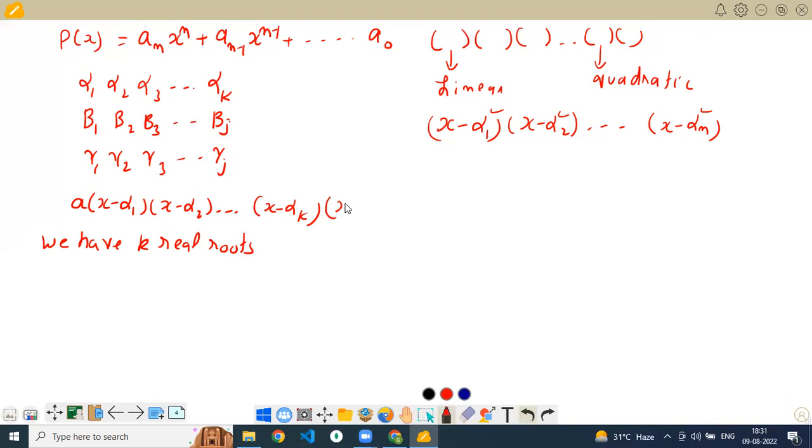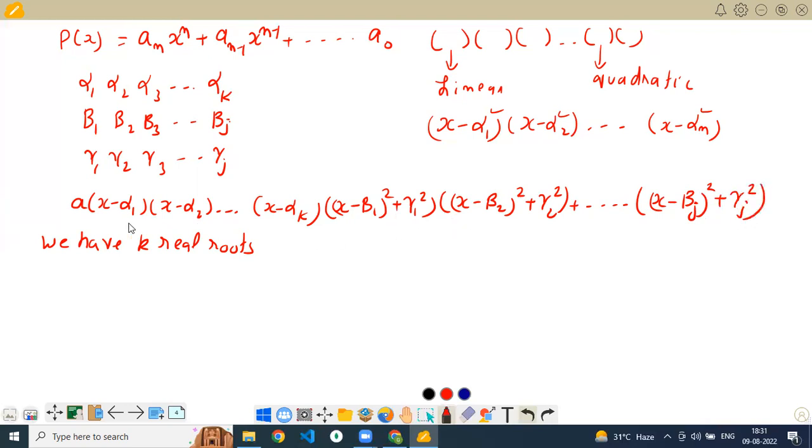So then we write it as (x minus beta 1) whole square plus gamma 1 square, (x minus beta 2) whole square plus gamma 2 whole square, ... (x minus beta j) whole square plus gamma j whole square.